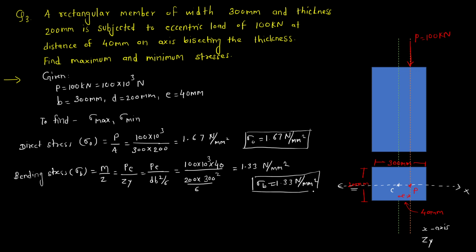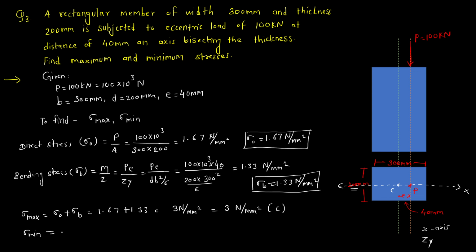So we have got the value of direct stress and the bending stress. Now we can find out maximum stress, that is direct stress plus bending stress, 1.67 plus 1.33, that is equal to 3 Newton per mm square. As it is positive, we can write it as 3 Newton per mm square compressive.